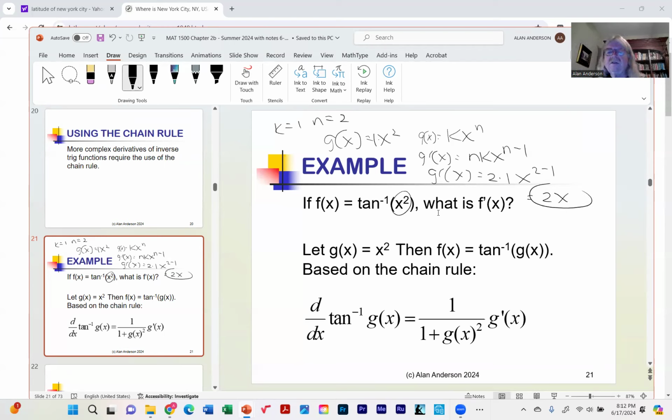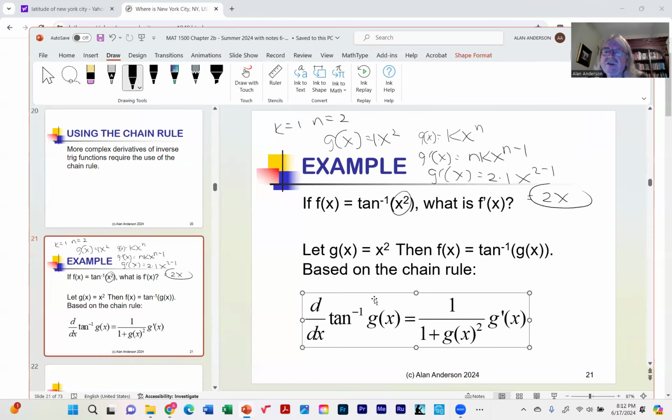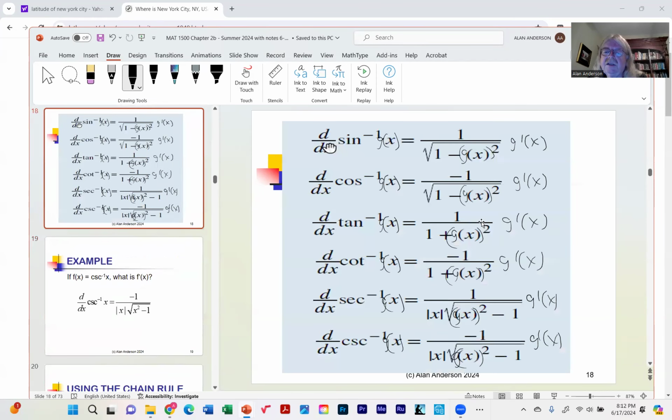So what we're going to do here is this. First, we'll simply plug in g of x, and then we'll plug in g prime of x. We know the derivative of the arctangent based on our table is here, so that part is done.